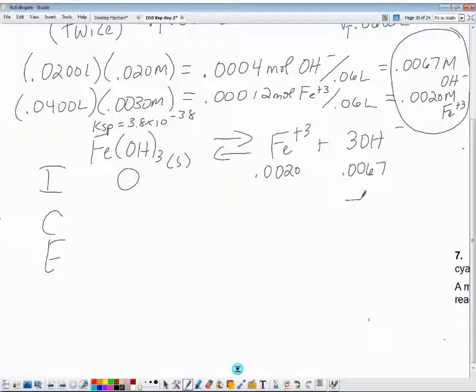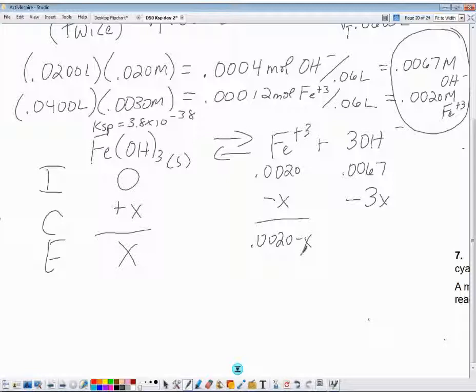Minus what? 3x, minus what? x, plus what? x. So at equilibrium, you'd have x moles per liter. I know that the solid's not really sitting, but it's x moles per 1 liter. You'd have 0.002 minus x here, and can't squiggly here.